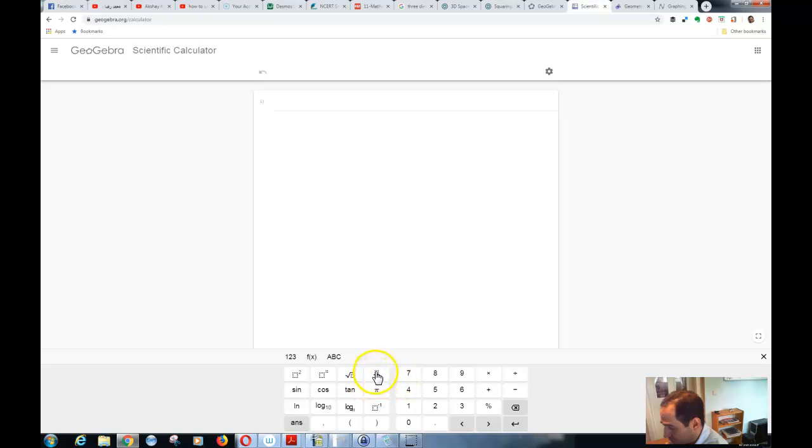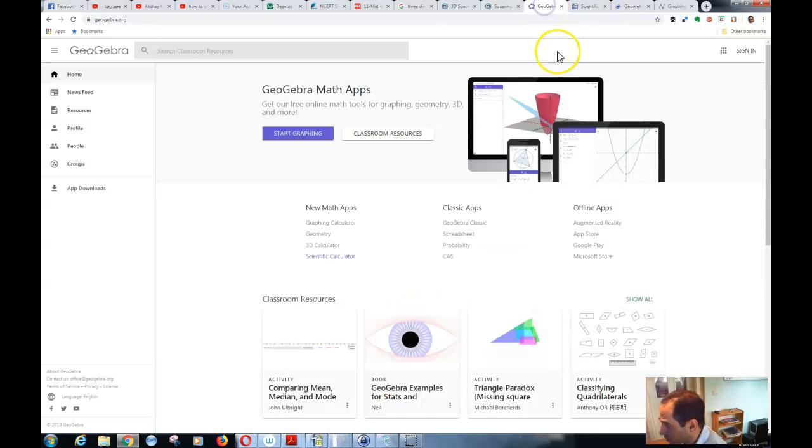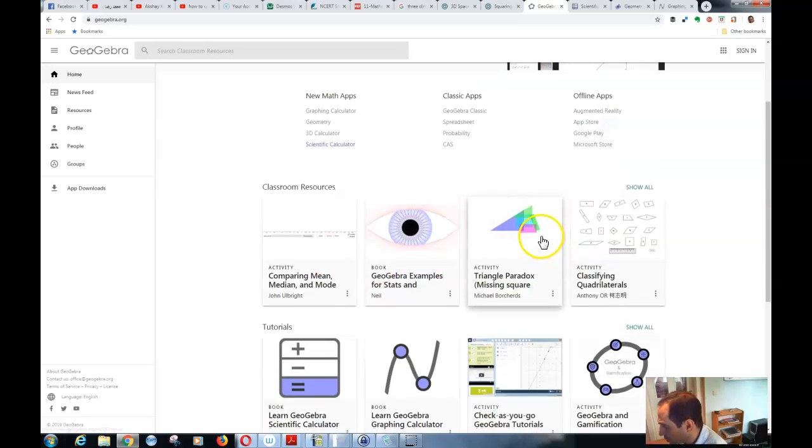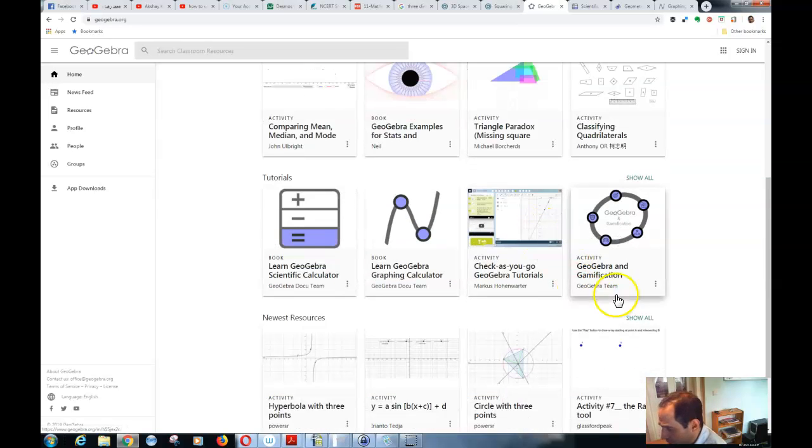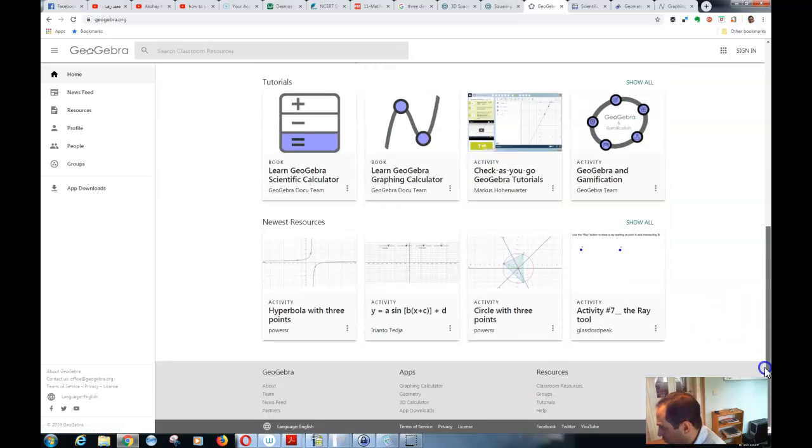I don't really know how this works. There is a part on their website that teaches you how to work with this scientific calculator. That is also useful.